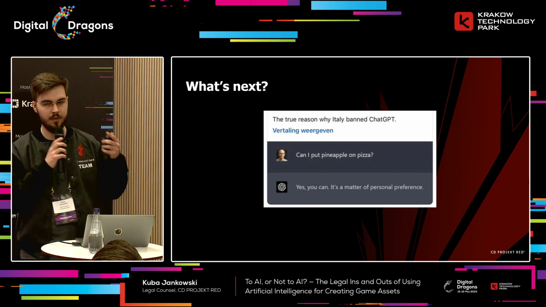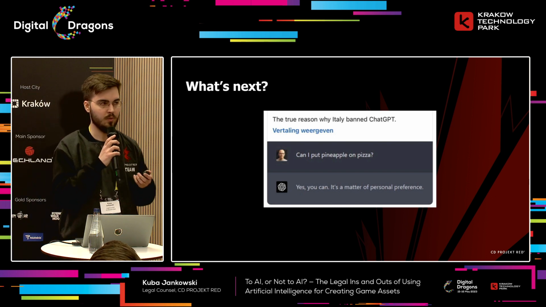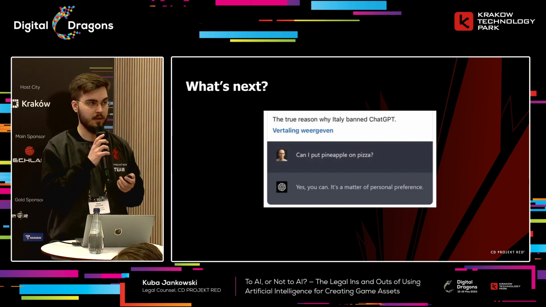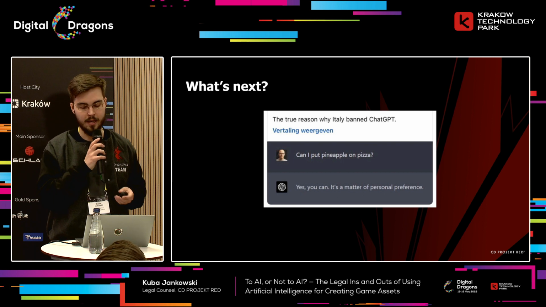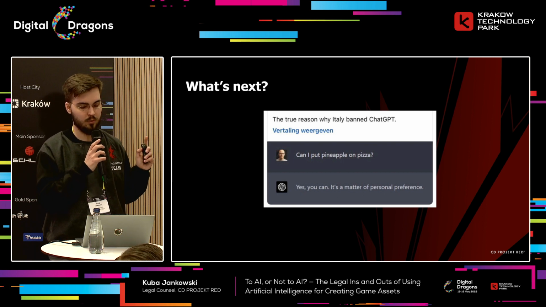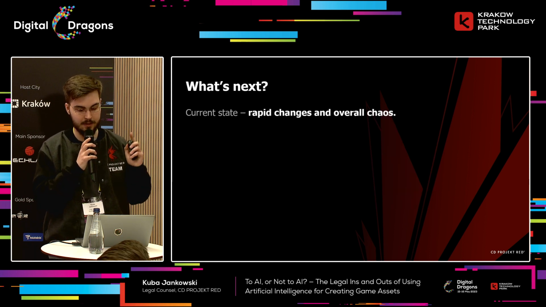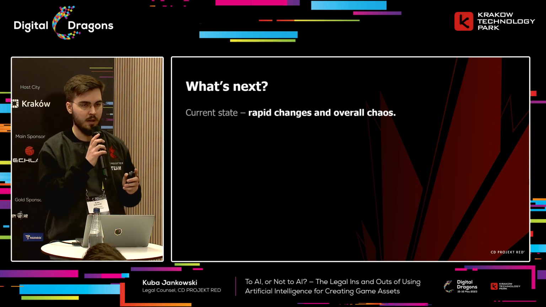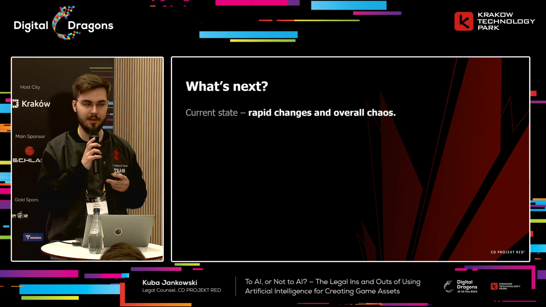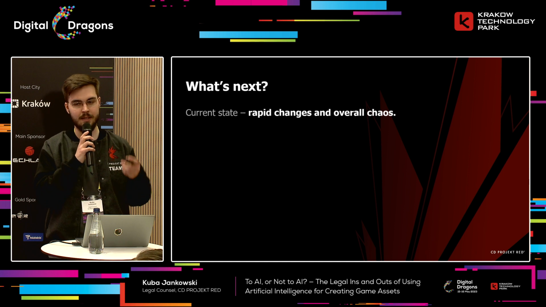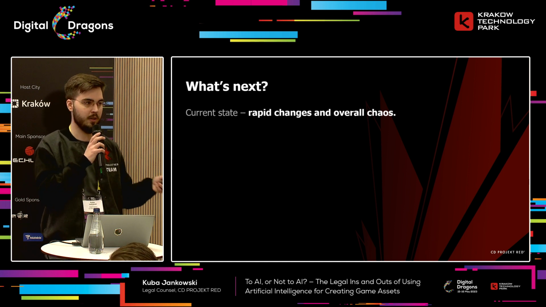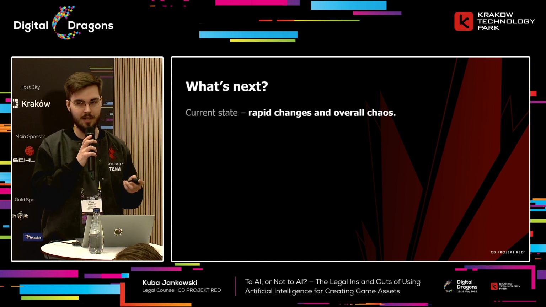It has since been reinstated, so Italians can now use this tool. However, it shows us that we are right now in a state of turmoil. We have no idea what will happen next, to be honest. Authorities can step in and, in theory, change something overnight.